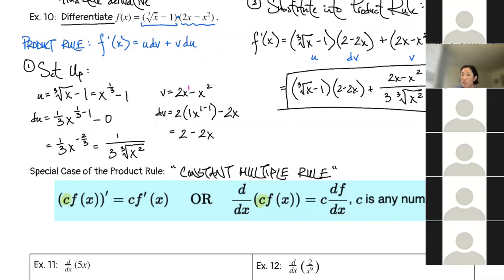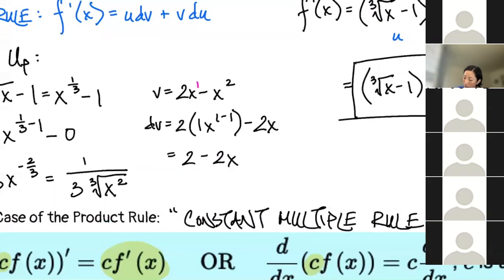And when it's just a number times a function, then we can effectively keep that constant out to the front and then take the derivative of the rest, okay? So let's go back to all the places we've seen this, the derivative of 2x to the first. 2 is a constant, x is a function of x. So I kept the coefficient, then I did my derivative of the second function. I did not use product rule here.